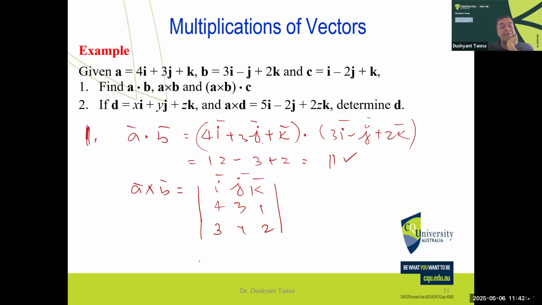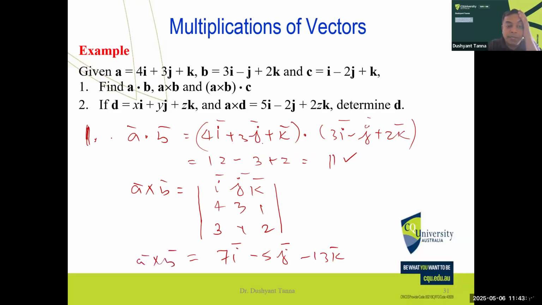Now you can expand it however you like. I've got my own way, which I don't want to confuse, like I said earlier. So that will be 7i minus j(2 minus 8 minus 3), so minus 5j, plus (minus 4 minus ...), so that would be minus 13k. This is my A cross B.